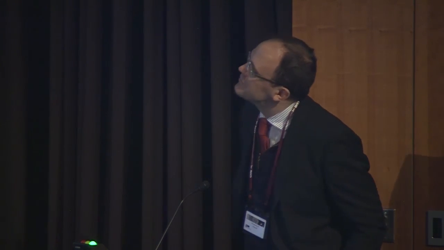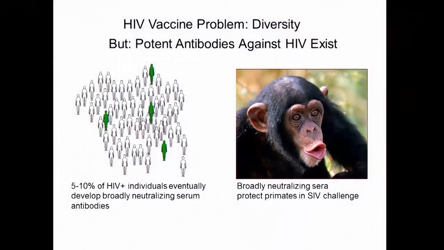As all of you know, one of the big challenges in HIV vaccine design is the incredible diversity of HIV. And one hopeful piece of information that we've known for a long, long time is that some patients do develop really potent neutralizing serum responses against HIV.